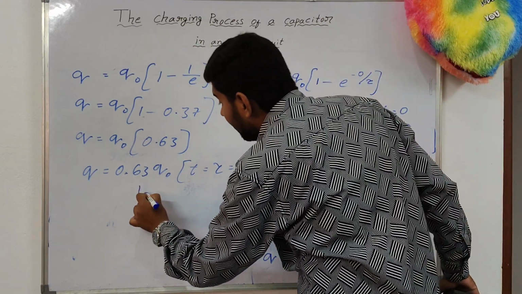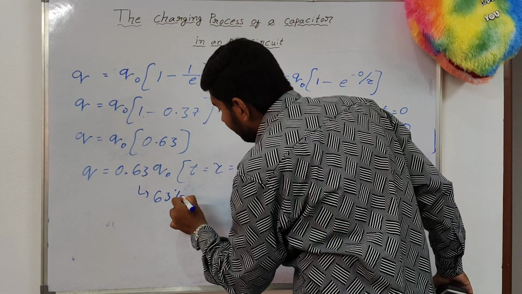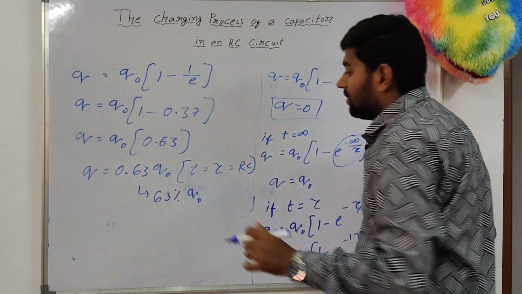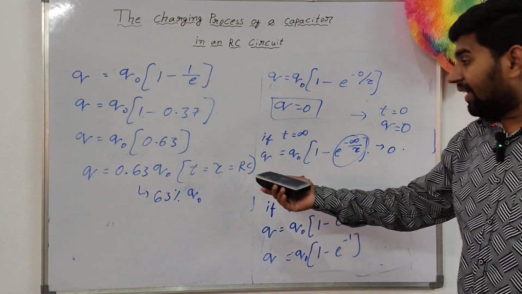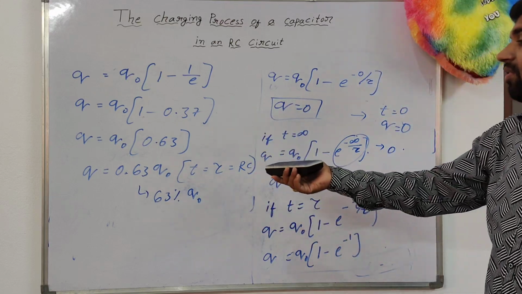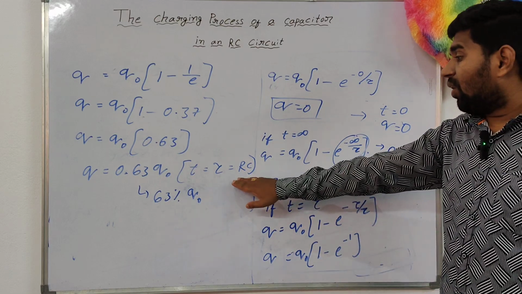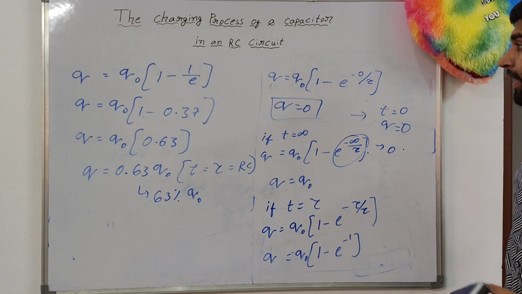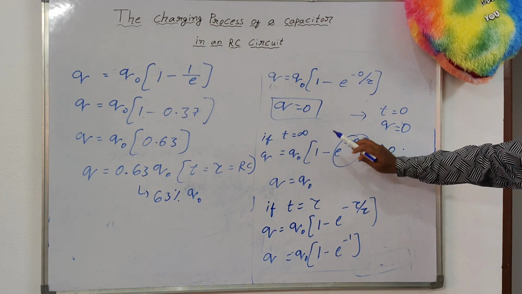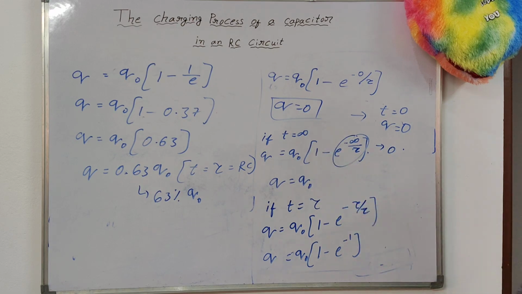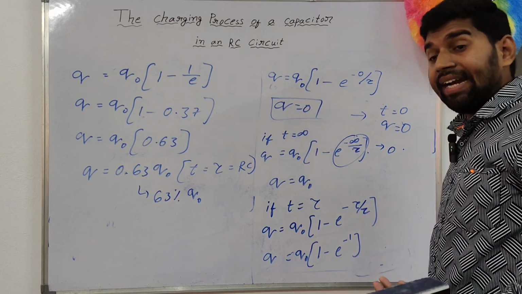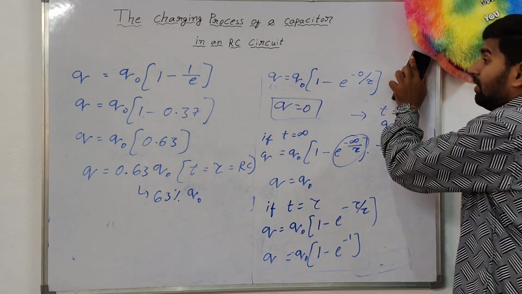In which condition? If t is equal to RC or t is equal to tau. The tau is the time constant, also written as tau is equal to RC. Is that clear to you? t is equal to 0, t is equal to infinity, t is equal to tau. If t is equal to tau, the capacitor charges to 63 percent of its maximum charge.